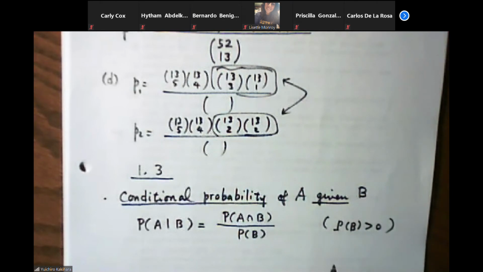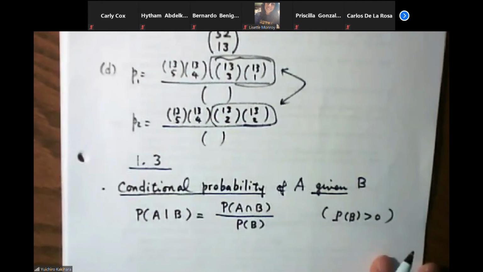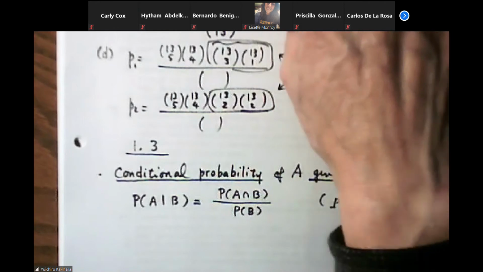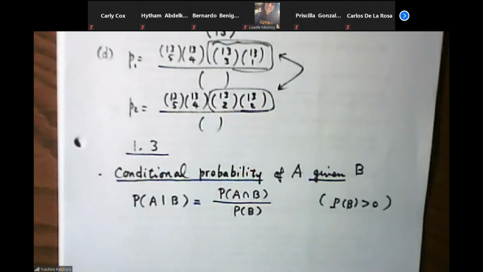Under this assumption, we can define the conditional probability of the event A to be the fraction: probability of A intersection B divided by P of B.